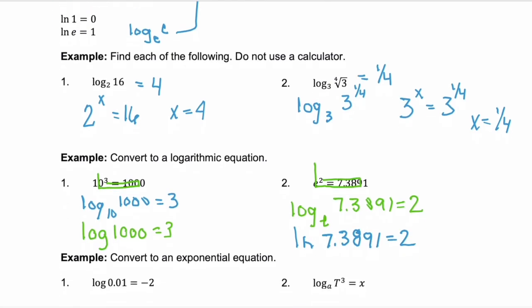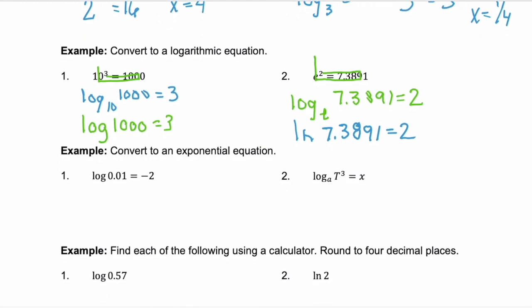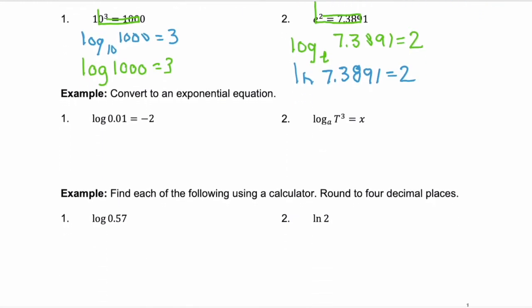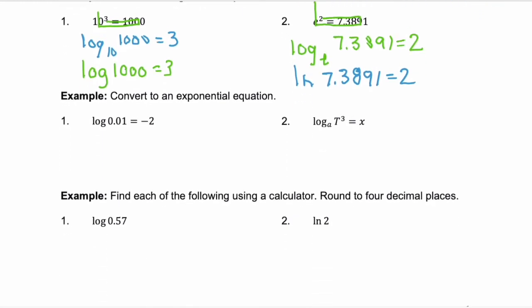Now what if we have a log and we need to convert it to exponential form? Well, I have another shortcut for that too. You can write an e. So you start at the base and you come over to the answer and back to what you were taking the log of. And there's no base here, so remember it's implied that it's 10.